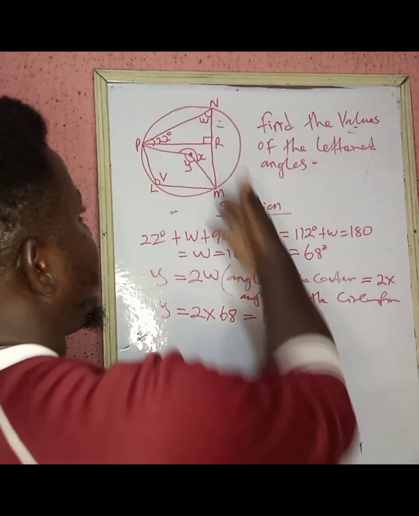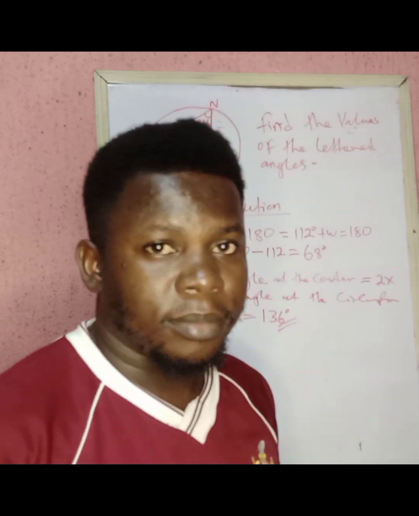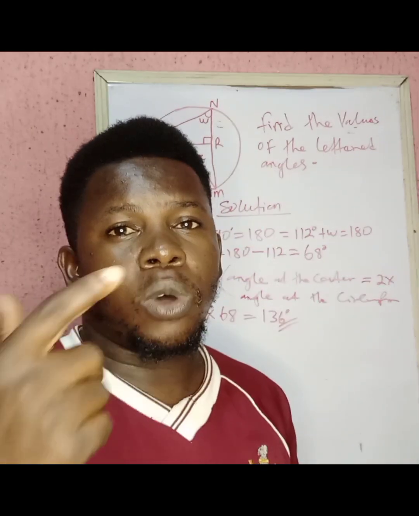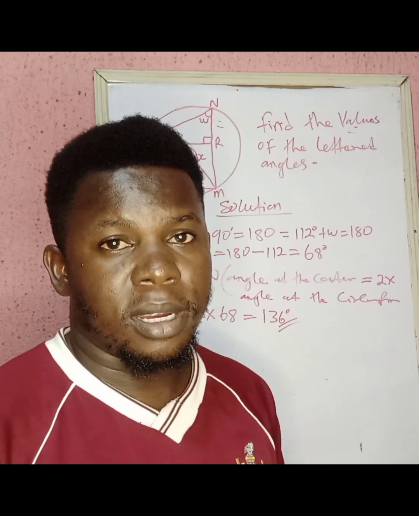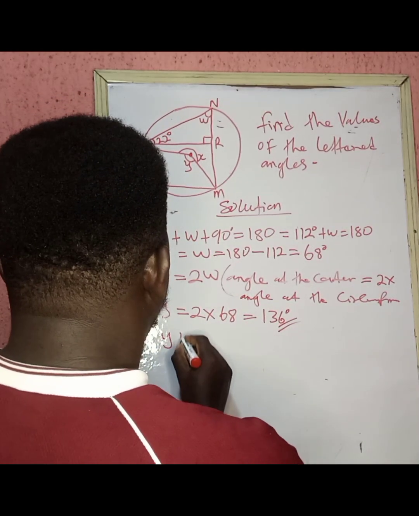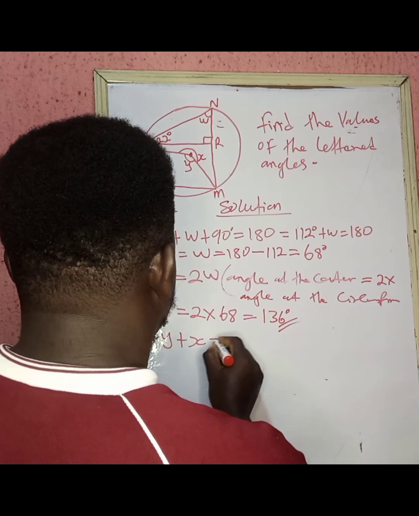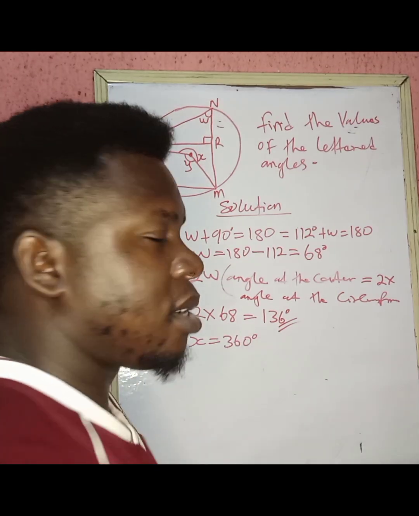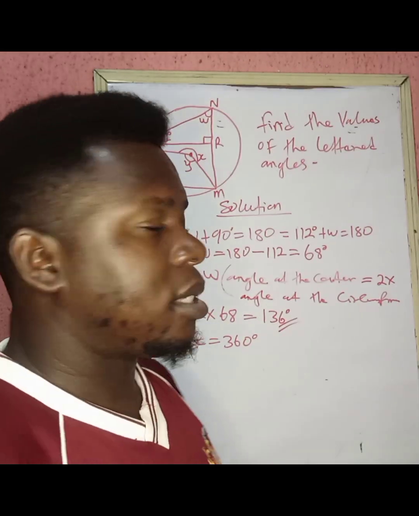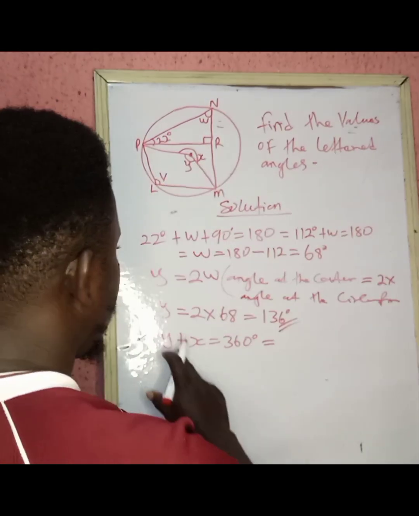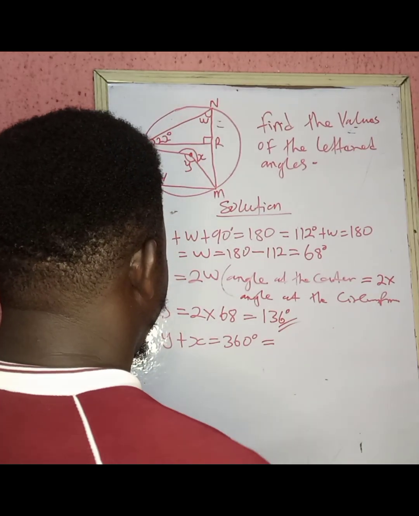Now let's get our X. What's our X? Angle at a point is equal to what? Is equal to 360 degree, yeah? Yes. Now we can say Y plus X is equal to 360 degree, angle at a point. What is our Y?